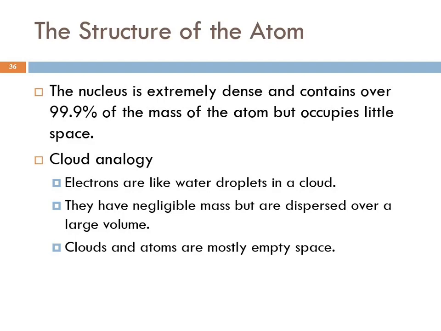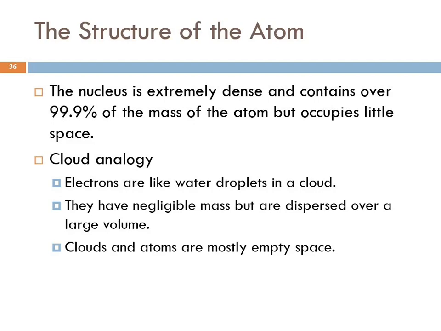So the nucleus is extremely dense. It's actually really hard to get your mind around how dense the nucleus is. But it has over 99.9% of the mass of the atom, and yet it occupies very little space. So your book talks about how atoms are like clouds. So we think of a cloud. A cloud has little tiny droplets of water in it, right?